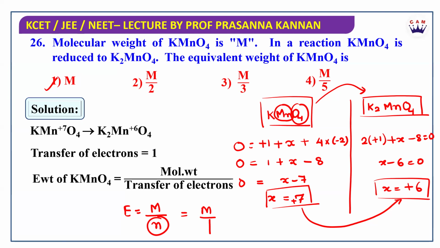And similarly, oxygen, except in peroxide, where it gives you -1 oxidation state. But in most other compounds, it is -2. So those remain fixed. And manganese is a d-block element, a transition element, so it exhibits multiple oxidation states. Yes, sir. Understood. You got it right.